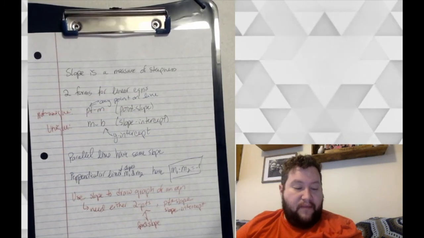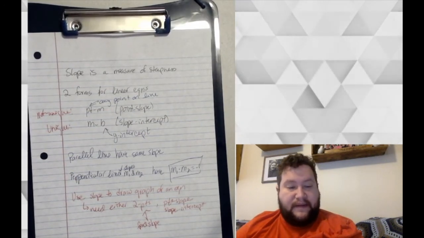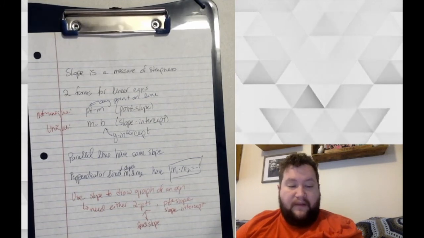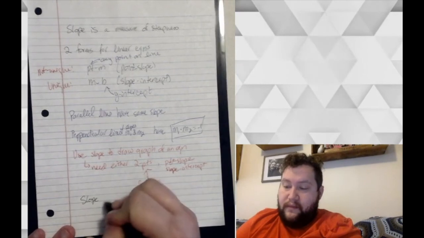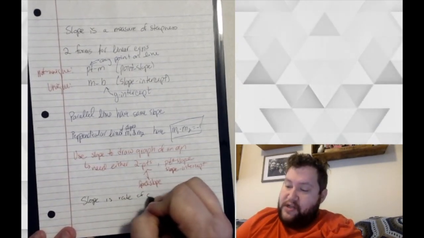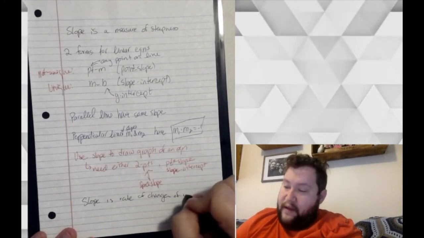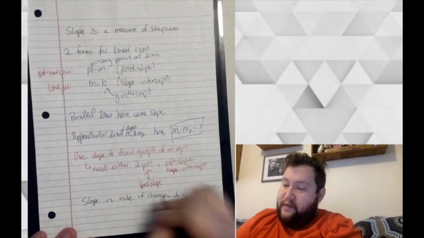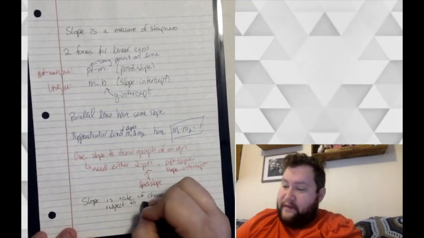And then what we have last, and I didn't talk about this, but I want you to know that we can also think of slope as the rate of change of y with respect to x.